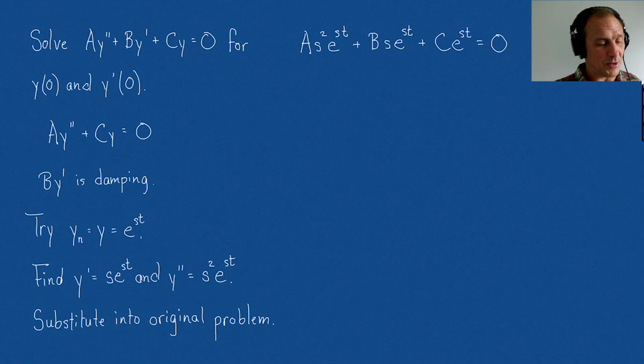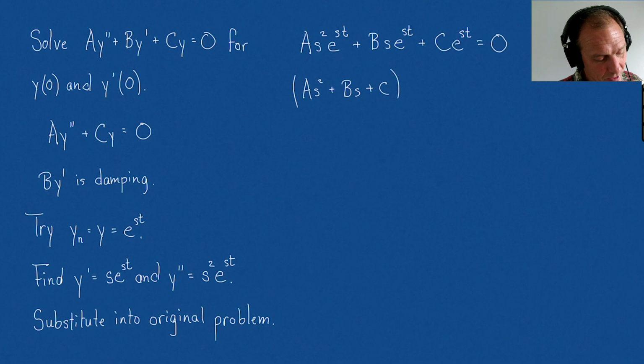Notice that we have the exponential as a common factor. So let's factor this into as squared plus b times s plus c times e to the st equals 0. Oh, and notice this.